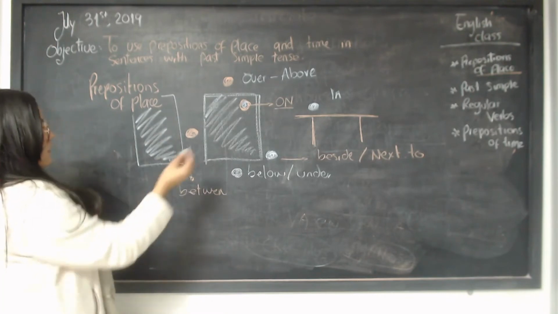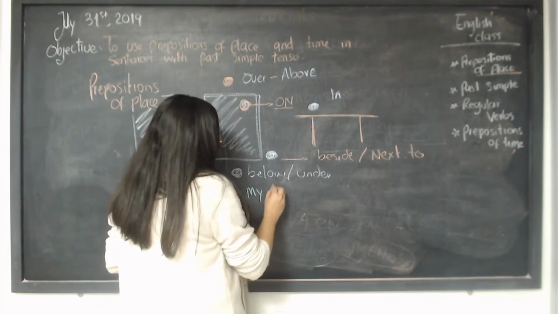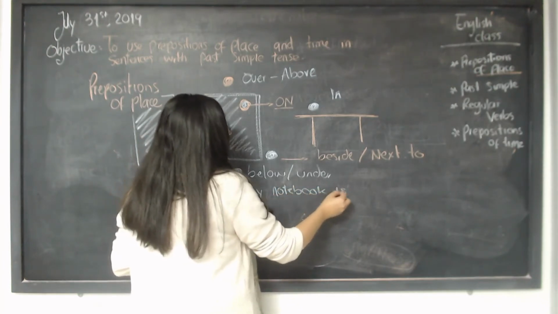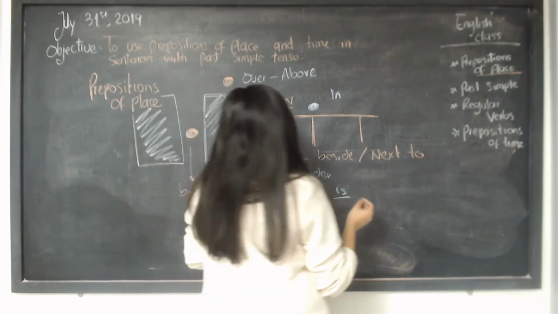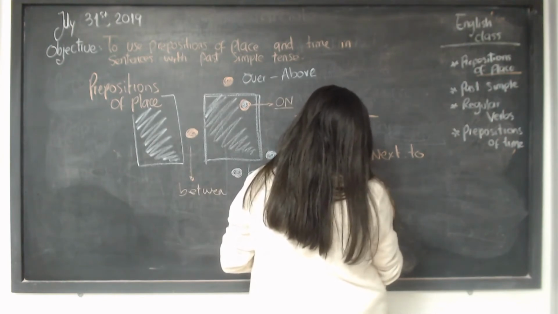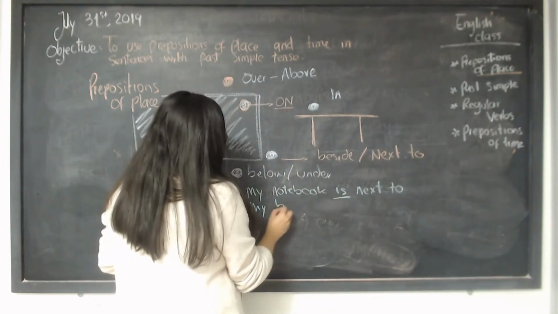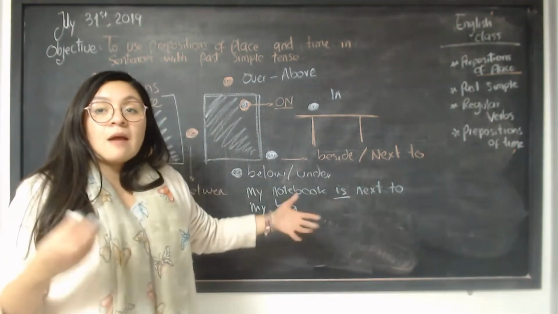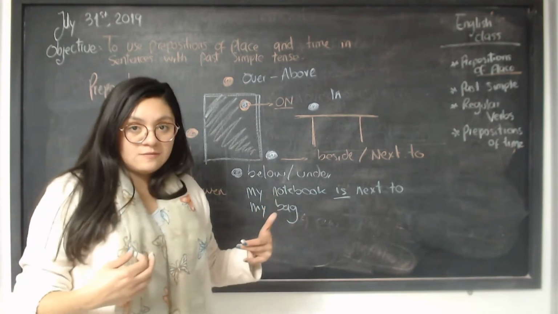So I can say, for example, my notebook is, verb to be, remember? Next to my bag. Mi cuaderno está al lado de mi maleta, but I'm not specifying if it's right or left. No estoy especificando si es a la izquierda o a la derecha, okay?